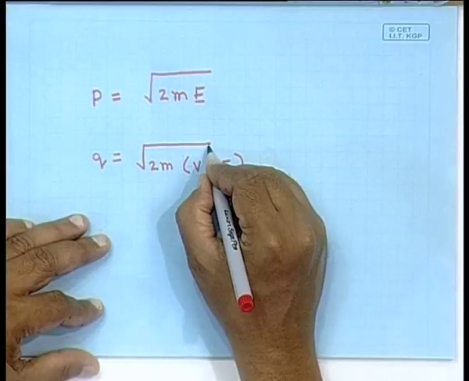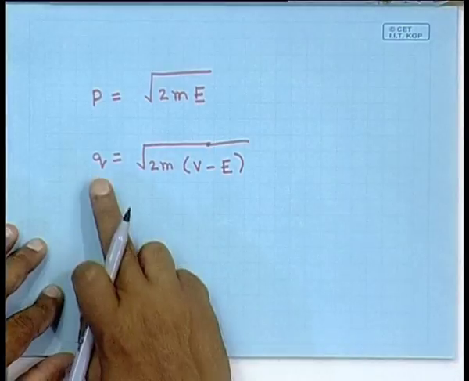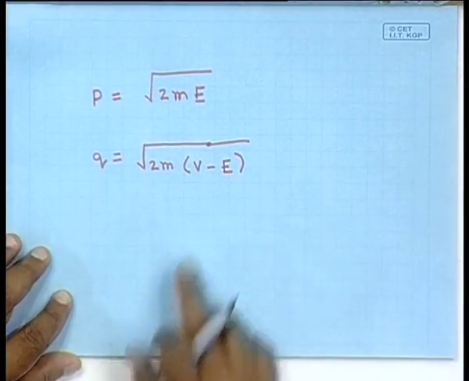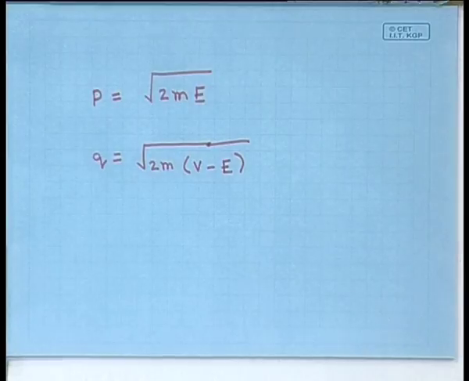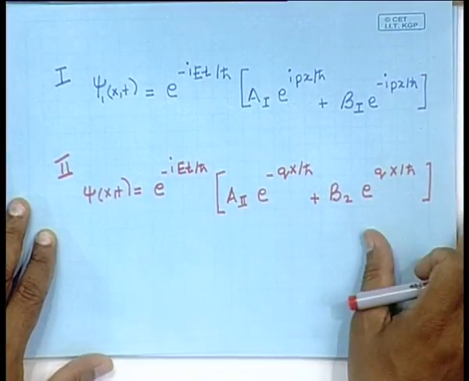Q is to be used in the region where V is greater than E, the difference between the potential and the total energy of the particle, and it is this q which appears in the wave function in region 2.